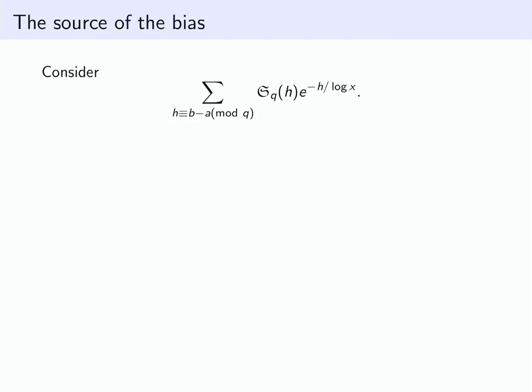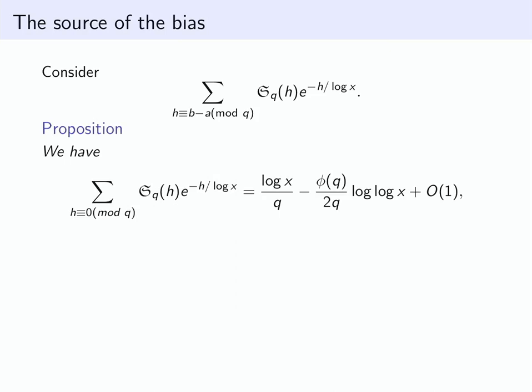So let's consider this sum of singular series. For just 2 entries, 0 and h, you can really just think of the singular series as a multiplicative function. This is something you can evaluate very easily. And in particular, it turns out that if you sum over the residue class 0 mod q, you get this log x over q that we said you should get by pretending it's 1.